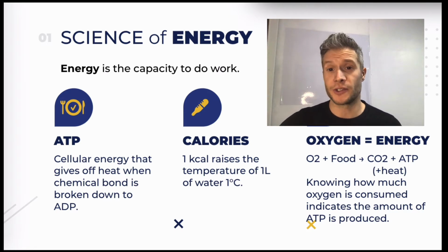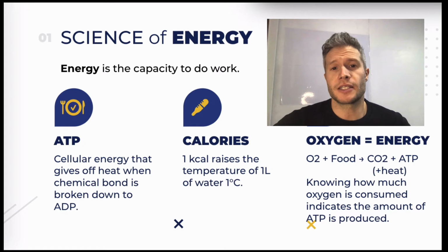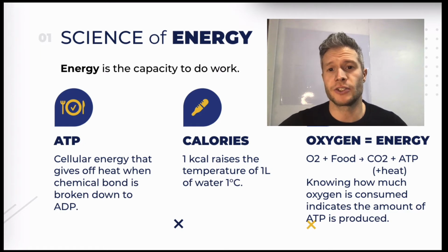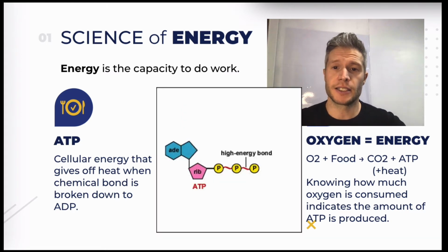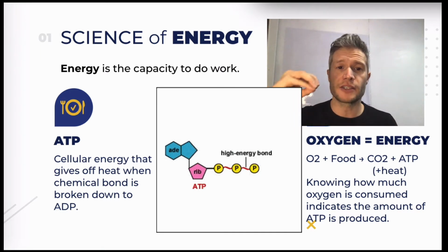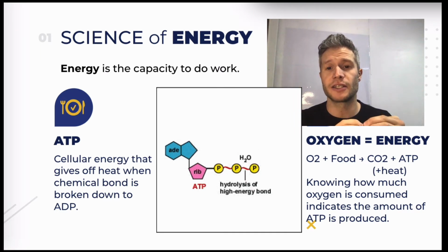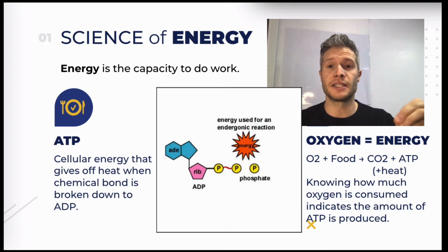So in regards to our body, getting a bit more specific now, ATP, the energy currency of our bodies, that's essentially what allows us to do work. And if you recall from the last lab as well, it's that third phosphate that gets attached to ADP, or adenosine diphosphate, di meaning two.